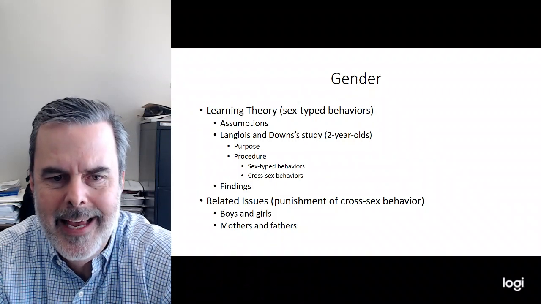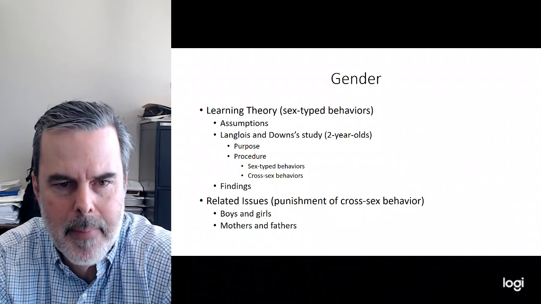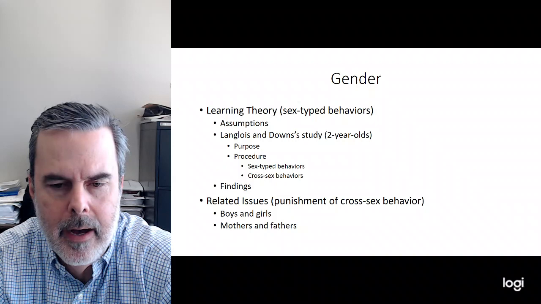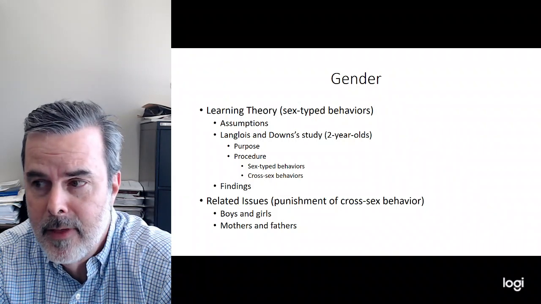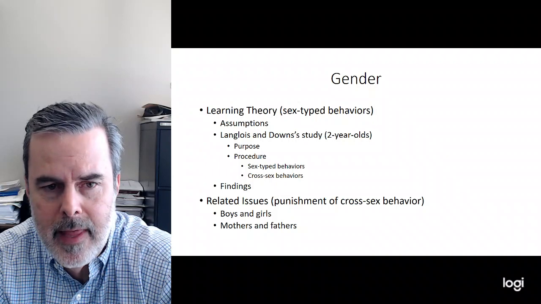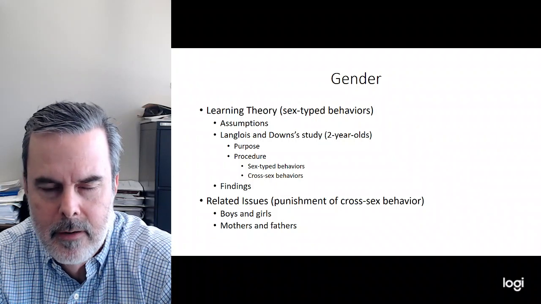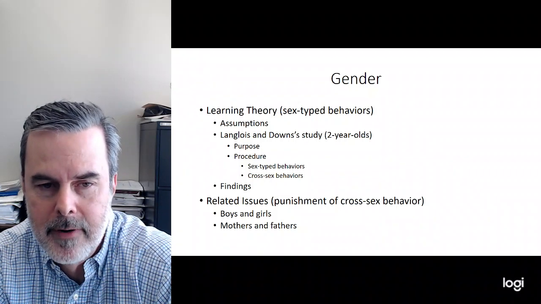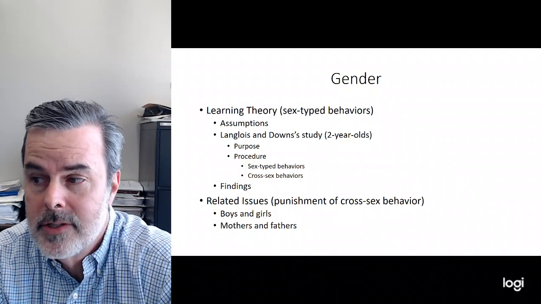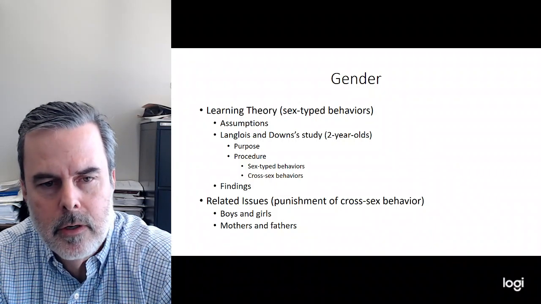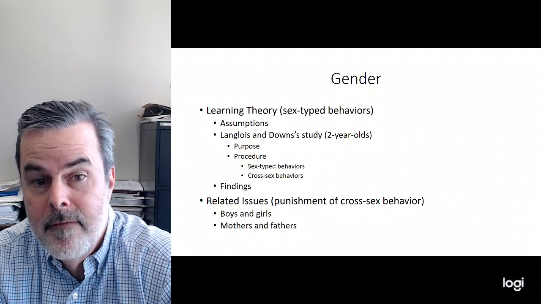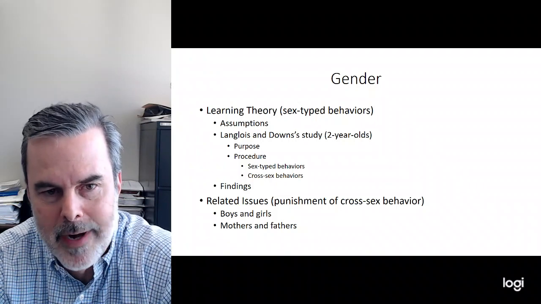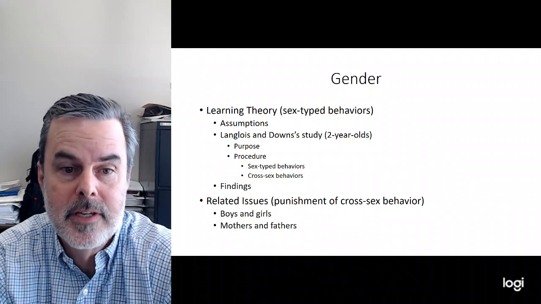And the key issue, or the key question in the study, was how parents would react to their kids playing with these 2 types of toys, and how they would react to kids when they showed sex-type behaviors, which would occur when boys played with masculine toys and girls with feminine toys, and how they would react when the kids showed cross-sex behaviors, which would occur when the boys played with feminine toys and the girls with masculine toys, and whether these reactions would be consistent with the assumptions of learning theory.